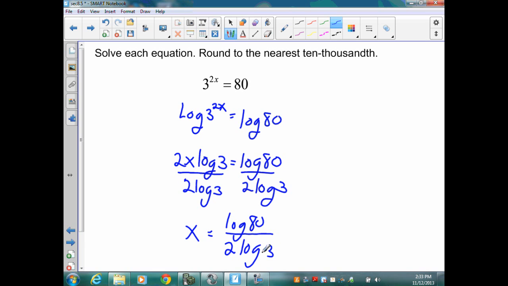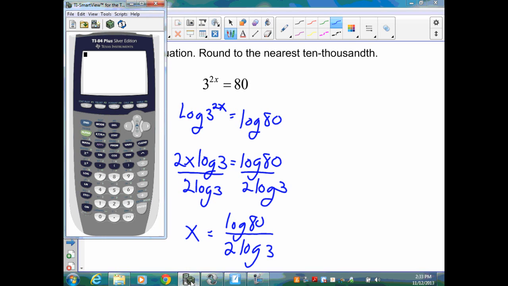Now I want to bring up my calculator and substitute those values in. So I'm going to have the log of 80 divided by, I'm going to put a parenthesis there, 2 log of 3, and then close it with an extra parenthesis.